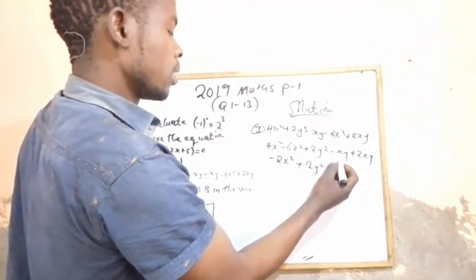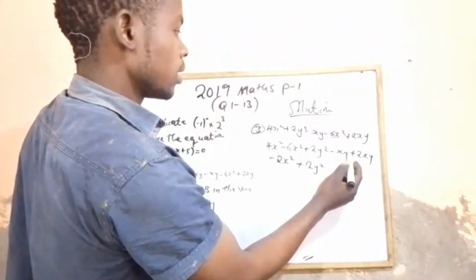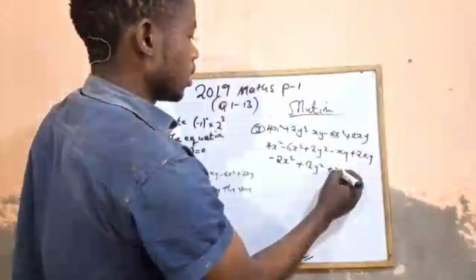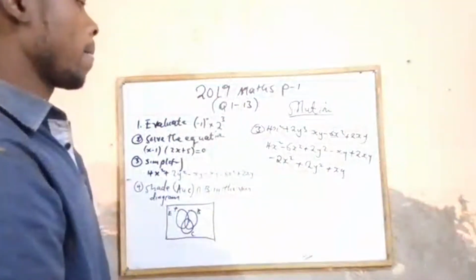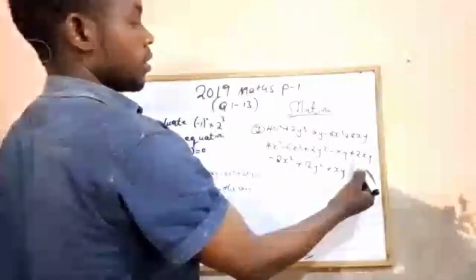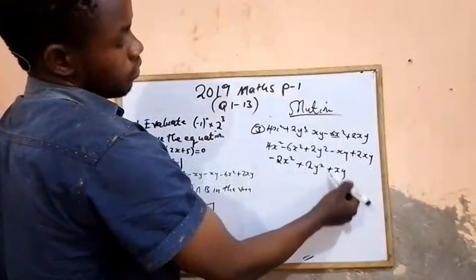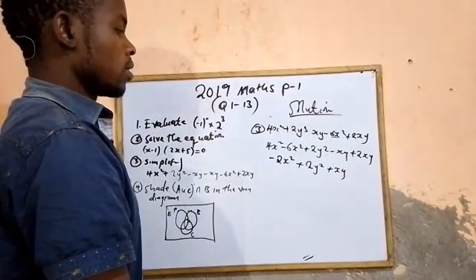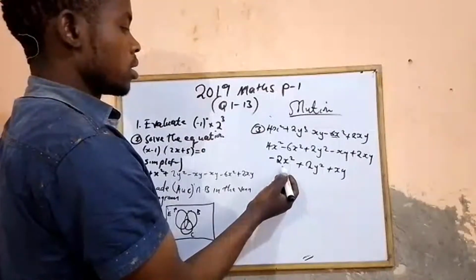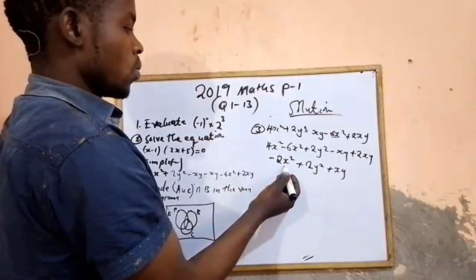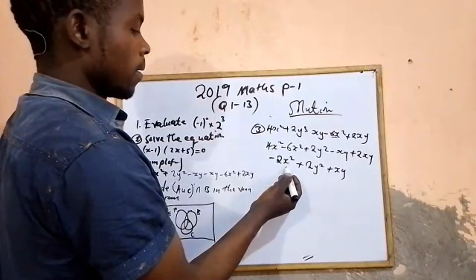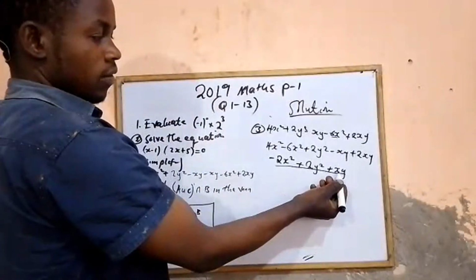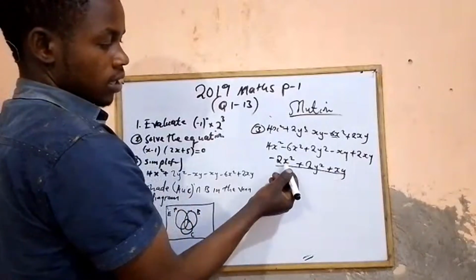Then minus xy plus 2xy, you are going to have plus xy, because there we are following the sign of the bigger number. So if you want, you can leave it here, but let's factorize, because there's this value here and this value here.